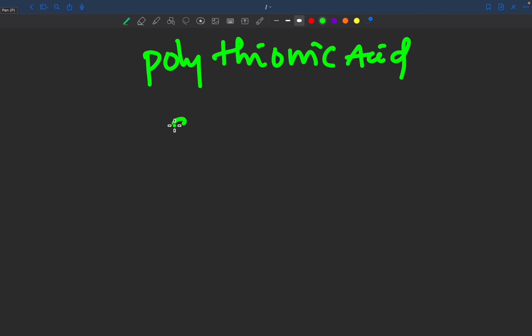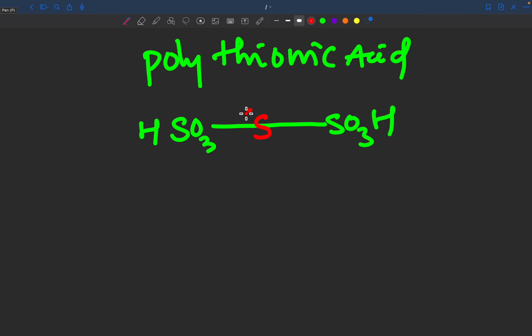First one is you've got to SO3H and SO3H. So they may be directly connected, or at the center they may have sulfur.